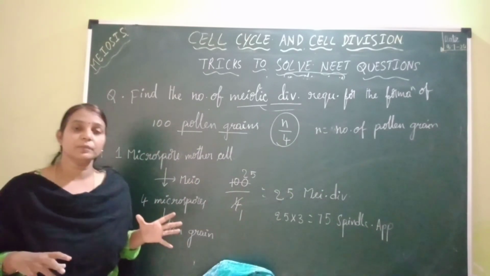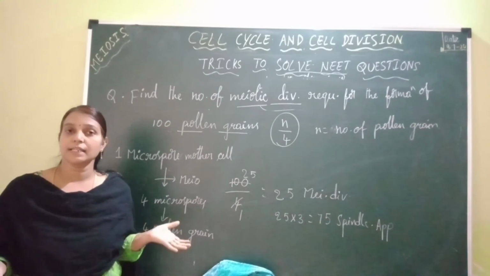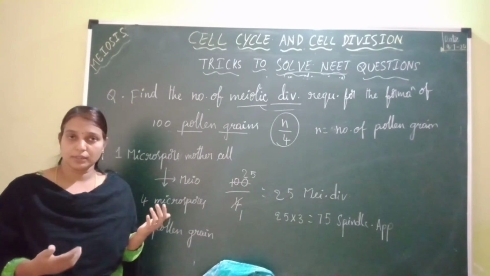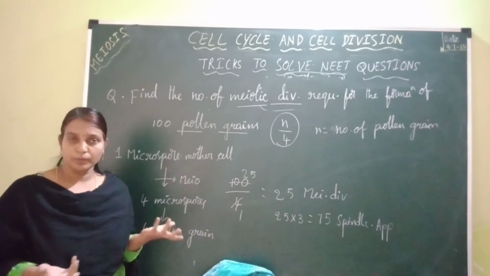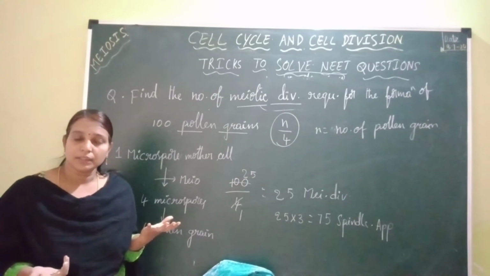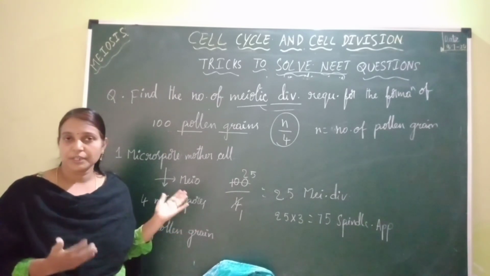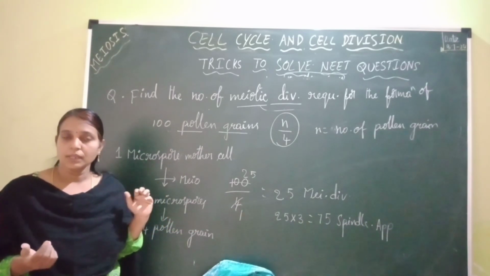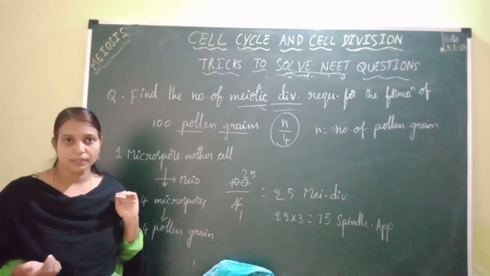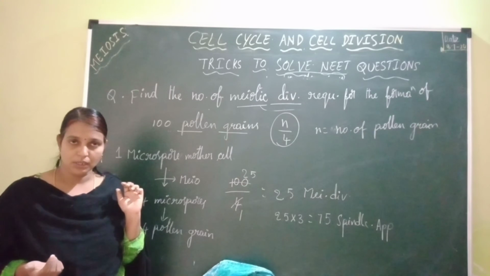In this chapter I started with what is cell cycle, what is generation time, and I explained a numerical type of question related to generation time. Then we started with the cell cycle, which consists of interphase and M phase. In interphase I explained G1, S and G2 phases. Then we started with mitosis.